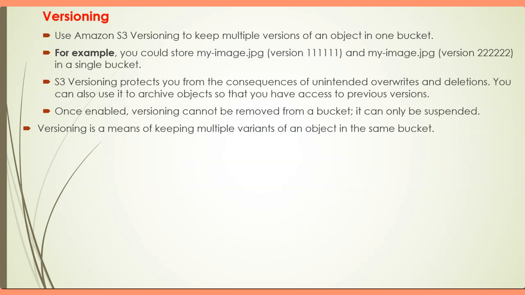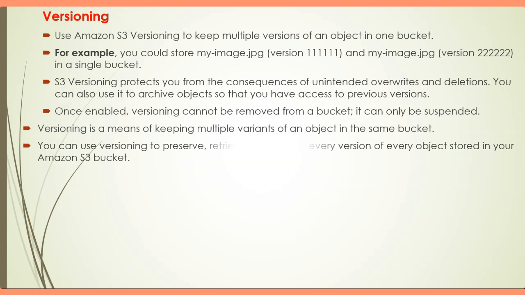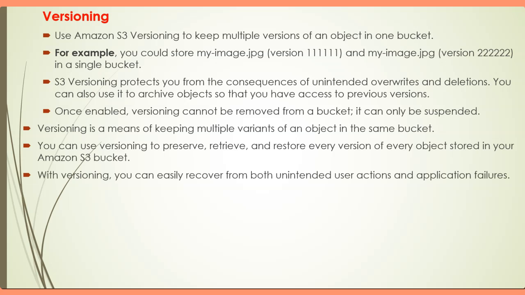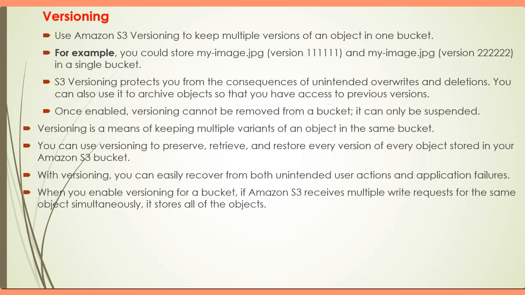So versioning is a means of keeping multiple variants of an object in the same bucket. You can use versioning to preserve, retrieve, and restore every version of every object stored in your Amazon S3 bucket. With versioning, you can easily recover from both unintended user actions and application failures.